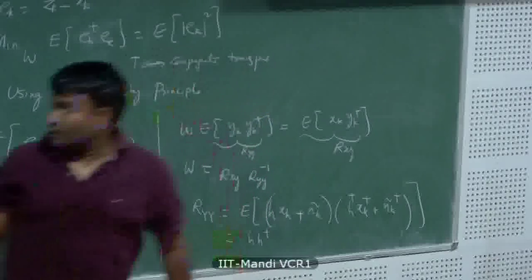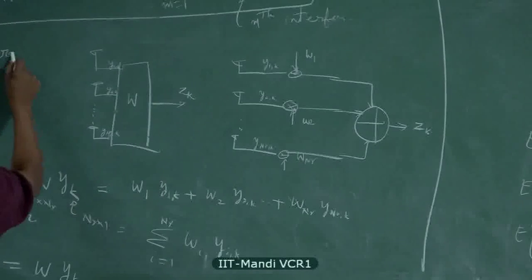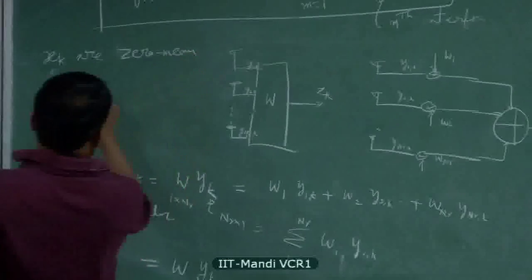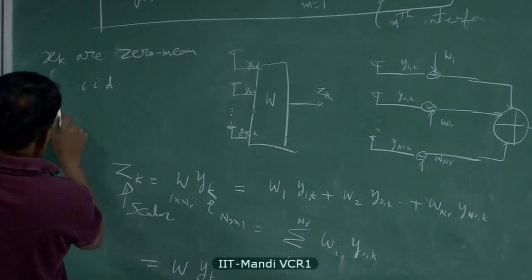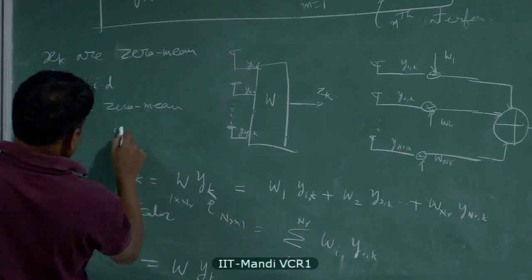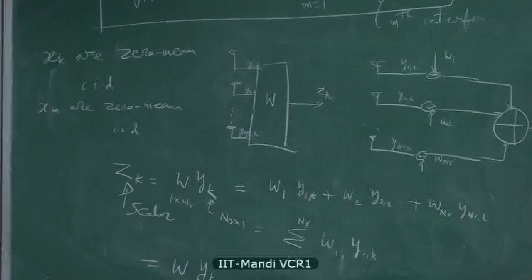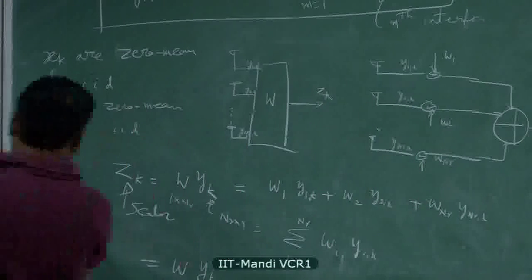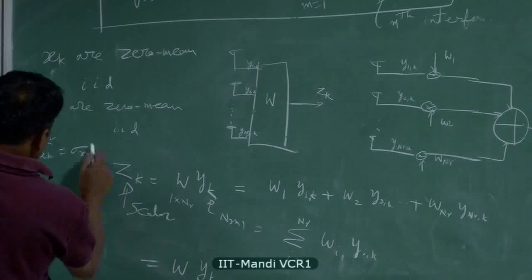We assume Xk, some assumptions here. And in fact, you can choose the variance of xk and xm to be unity without loss of generality. So we'll assume sigma xk square is equal to sigma xm square equal to 1.